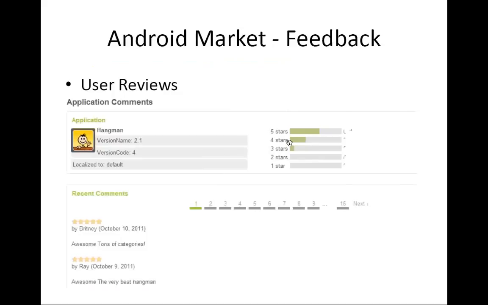Apart from the automatic data that is generated, there are user reviews and comments. Fortunately, when I took this screenshot, and you need to trust me, I was not manipulating these stars, they came out to be good.